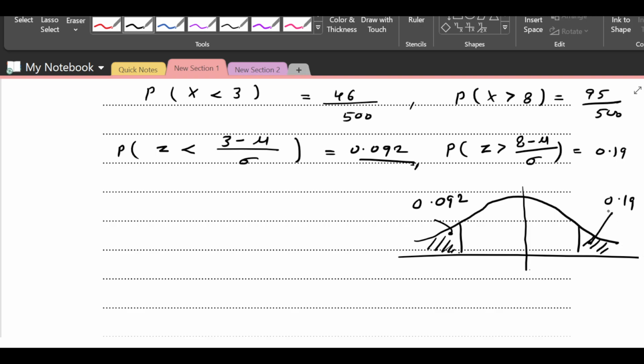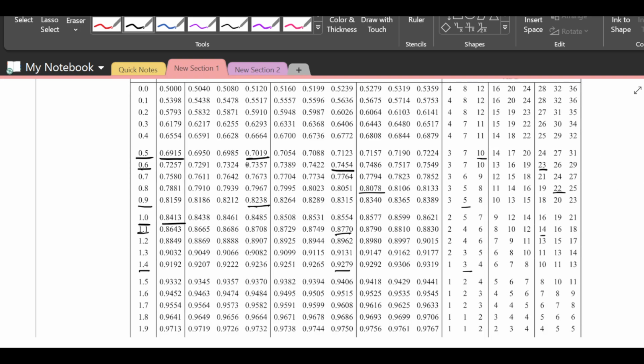Let us first concentrate here. As this part is 0.19, the other part will be 1 minus 0.19, which is 0.81. So we will see where 0.81 is in the table. This is 0.8106, or here 0.81 means 100 minus 78, so 22.